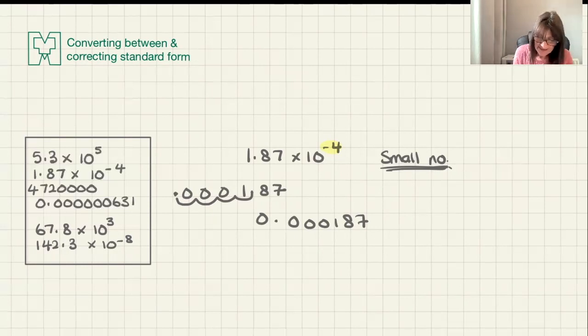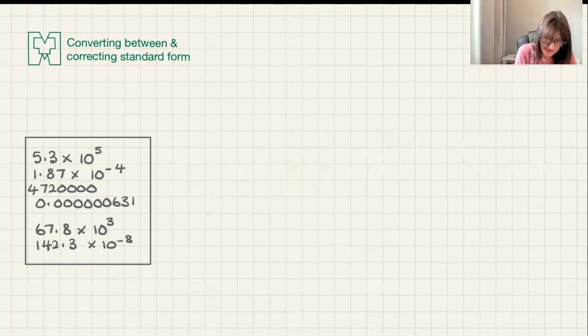All right, let's say we now have an ordinary number. And we're going to change that into standard form. We're going to do the exact same thing, just in reverse. I need a decimal point. The decimal point must be here. I want a digit with value and then a point.